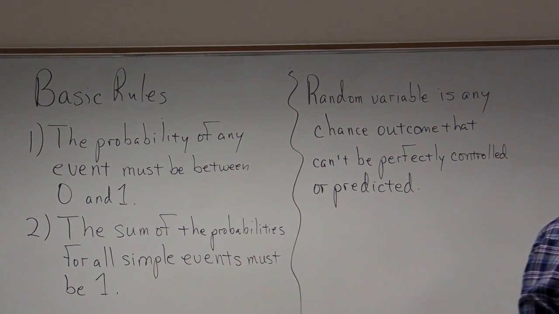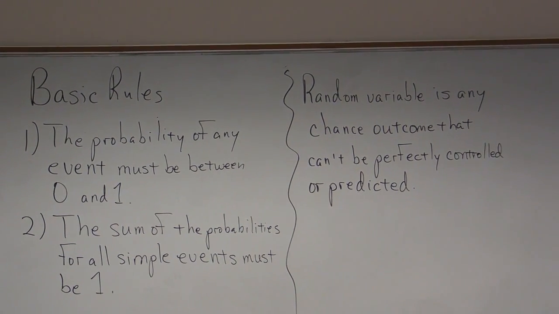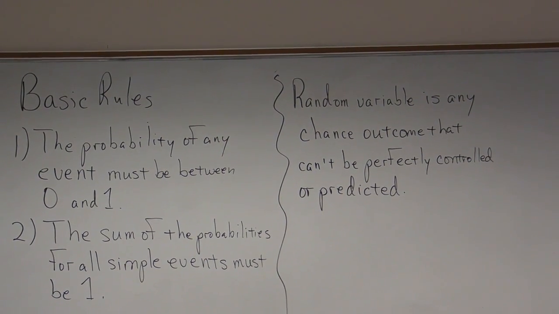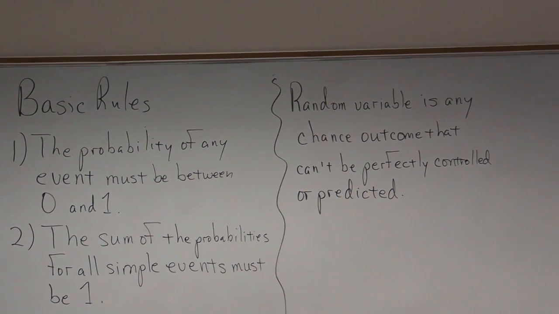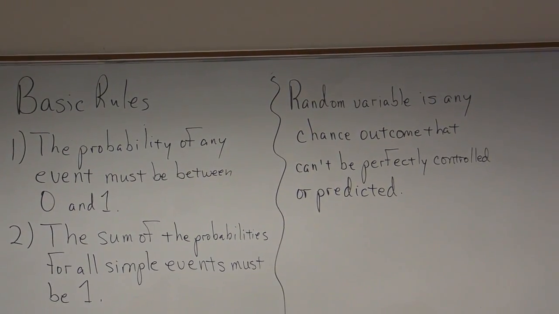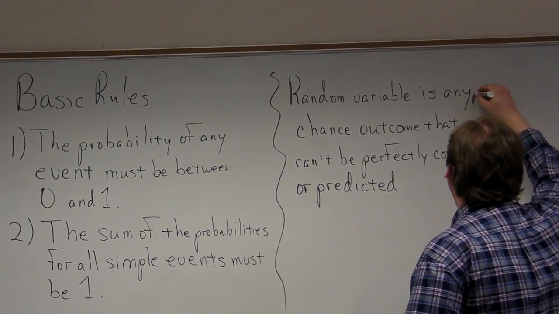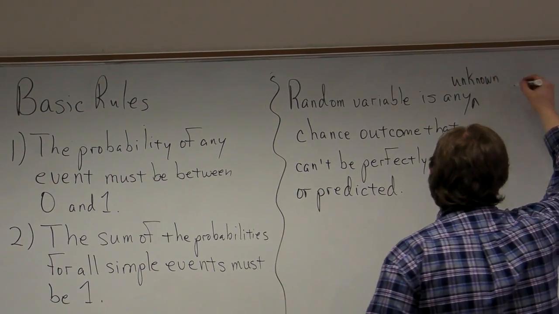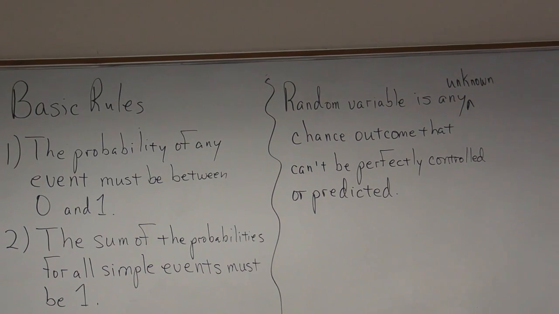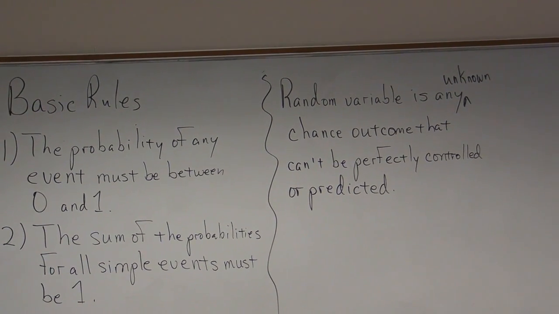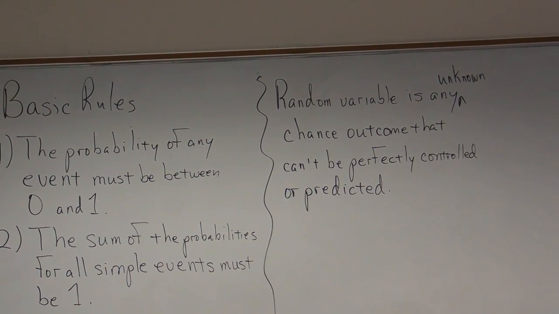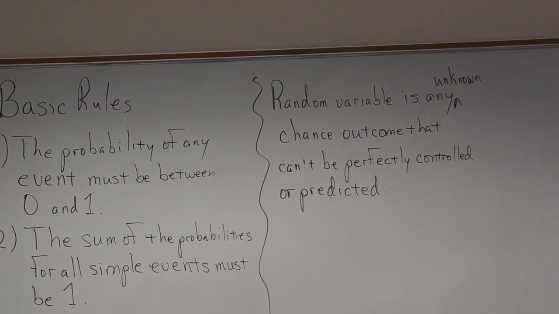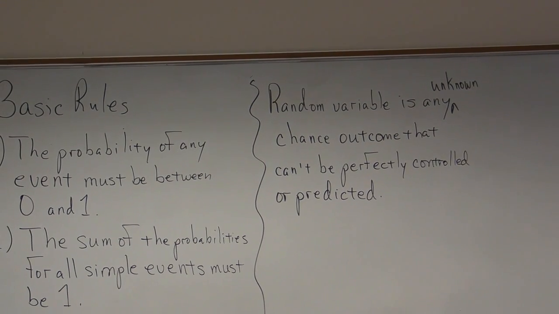And when we talk about a random variable, it is any chance outcome. Any chance outcome. And you might even say, put unknown in here too. Maybe redundant, but that's okay. It is any unknown chance outcome that cannot be perfectly controlled or predicted. Pretty much honestly, anything is a random variable, if we want to define it that way.